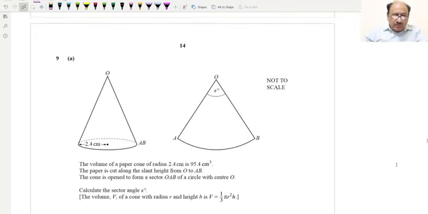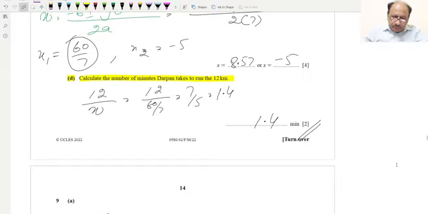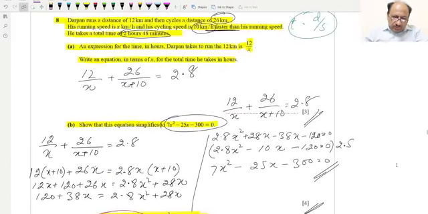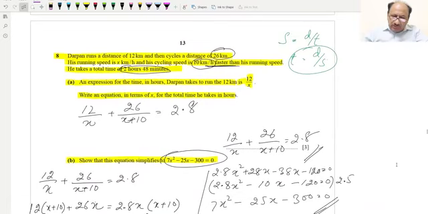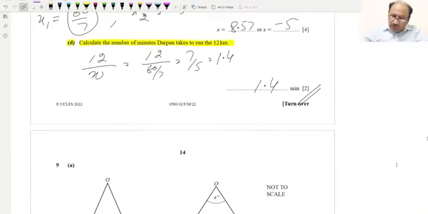And then, the answer required should be in minutes, and we are using hours, so we'll have to convert 1.4 into minutes.